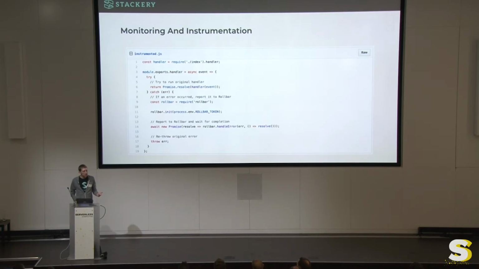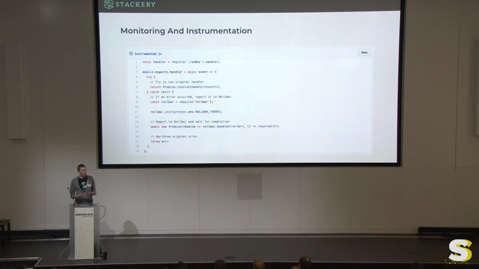So we have this process now where instead we slip in at deployment time a second file called instrumented.js. And what that does is it loads the handler function from our index.js. That's the require statement at the top. And then it creates its own handler that it exports that will wrap the original handler in a try-catch.